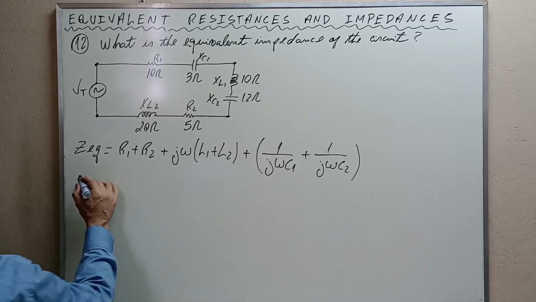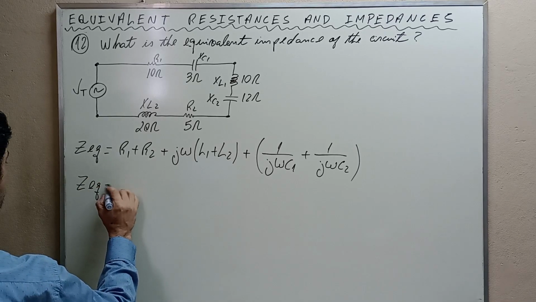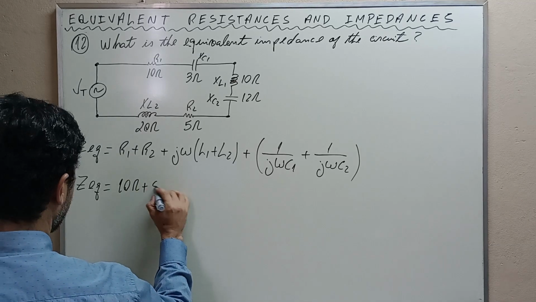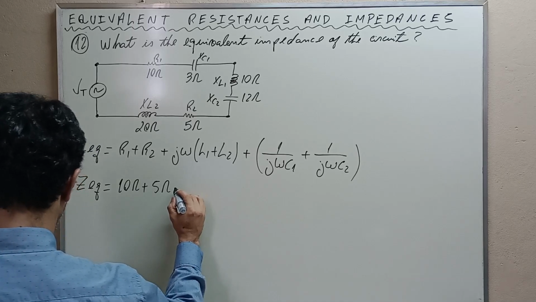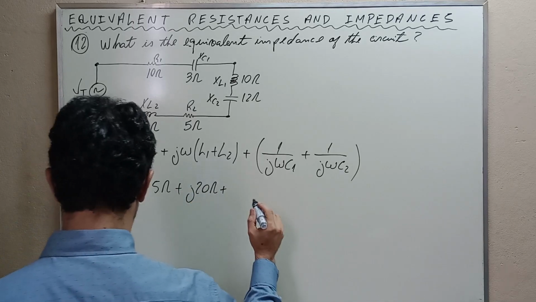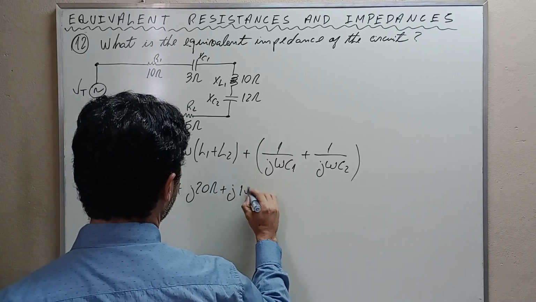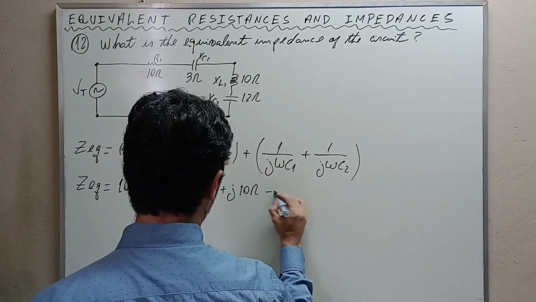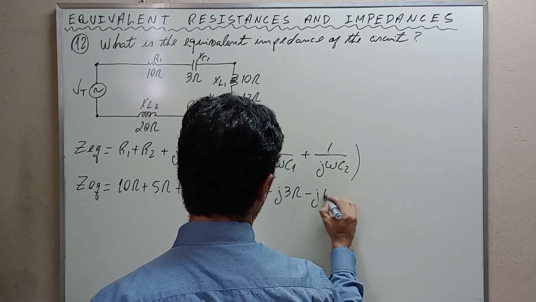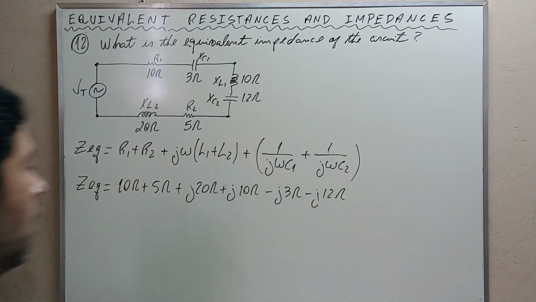Thus, the equivalent impedance will be 10 plus 5 plus J20 plus J10 minus J3 minus J12.